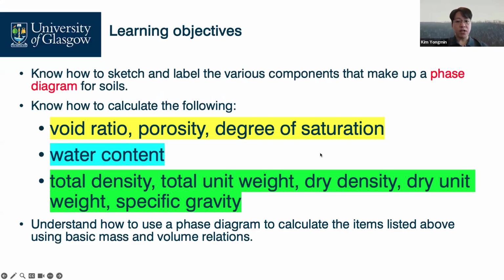So after today's lecture, you will be able to sketch and label the various components of soil in a phase diagram, and calculate the following: void ratio, porosity, degree of saturation, water content, and unit weights. We need to describe our soil in a mathematical form. That's why we have to understand each terminology.